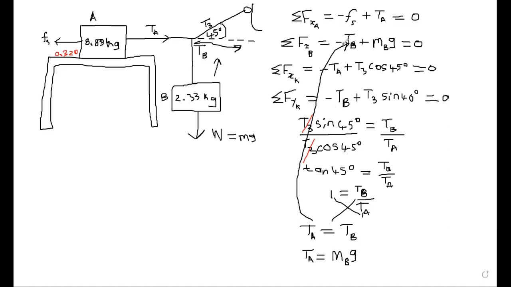It became negative, so the negatives cancel out and this becomes just positive. TA equals MBG. Okay, let's continue.